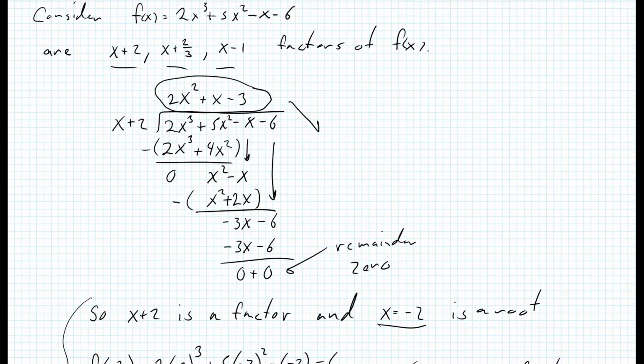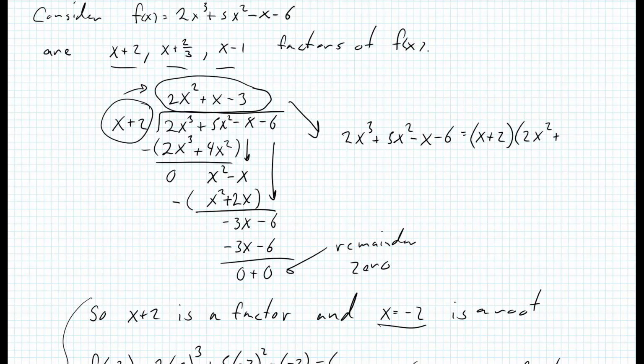So what does that factor tell me? Remember what that's supposed to mean. If I take the x plus 2 and multiply it by that, I should get my original function. In other words, 2x cubed plus 5x squared minus x minus 6 can be written as a product of x plus 2 times 2x squared plus x minus 3.